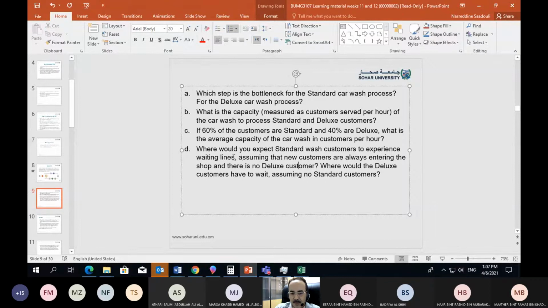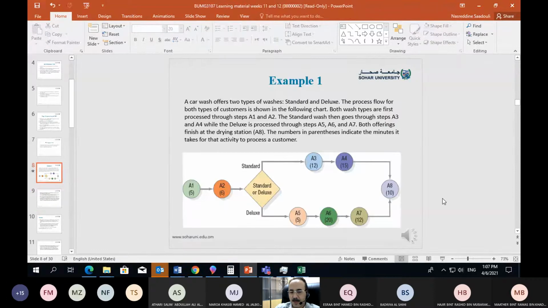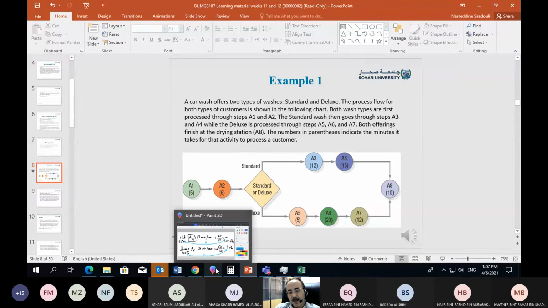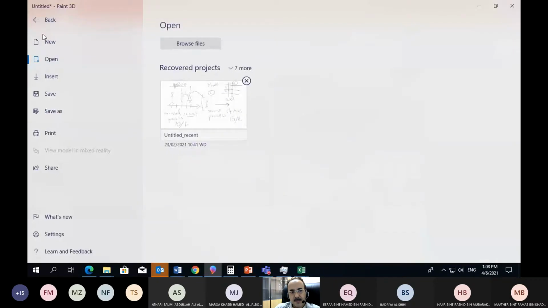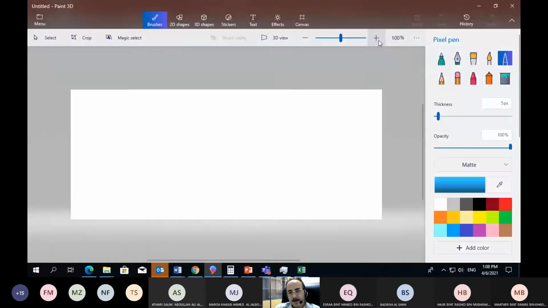Now, how about where you would expect waiting lines? Okay, now I explained this earlier, and simply for each station, if the one before it has a smaller processing time, then there will be a queue. Why? Because it's operating or working faster. So when I look at the standard, let's actually do this here in front of you.